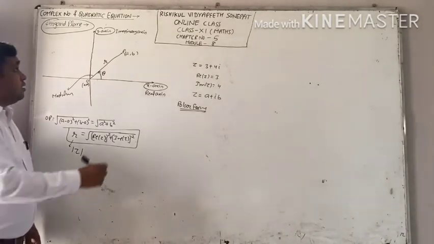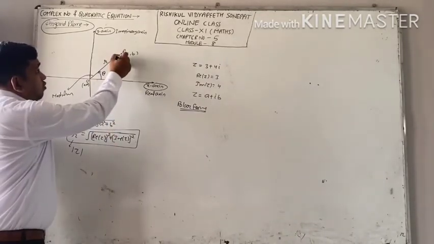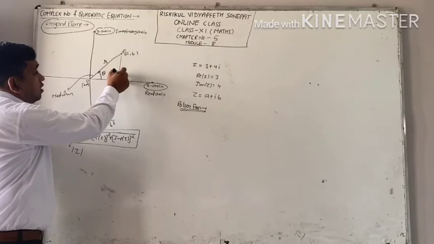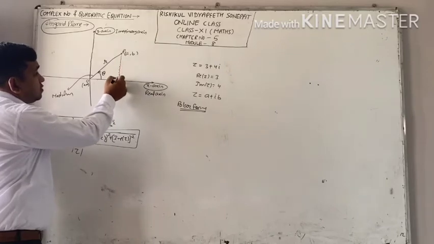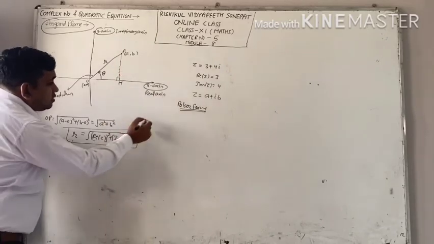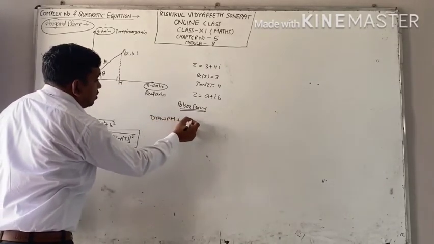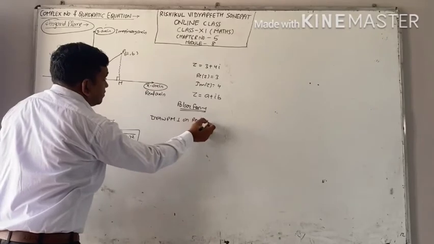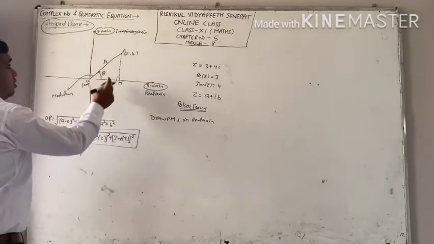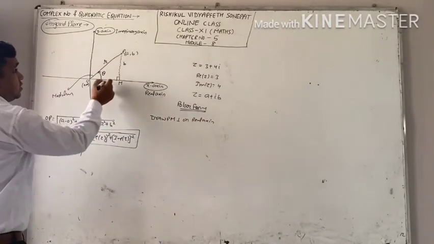Right? Now draw perpendicular from point P on real axis. Write like this, draw PM perpendicular on real axis. Now this distance is your b, this is your a.